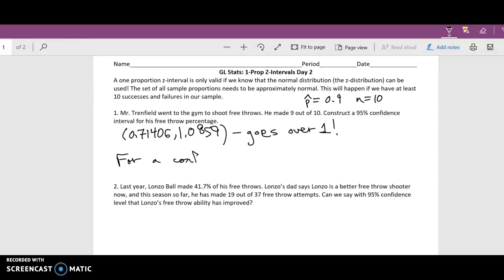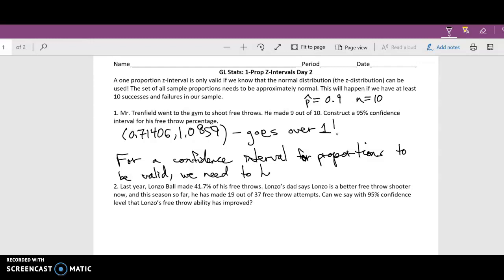For a confidence interval for proportions to be valid, we need to have at least 10 successes and 10 failures.